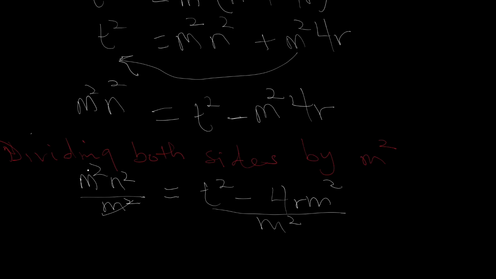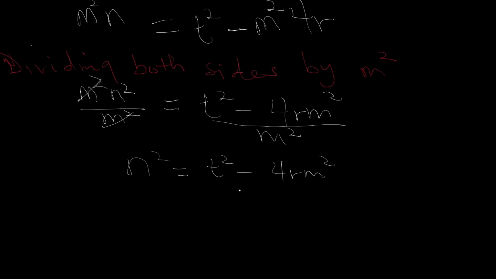Now m squared cancels m squared. We have n squared equal to t squared minus 4r m squared all over m squared. But we need n, we don't need n squared. So we have to take the square root of both sides.